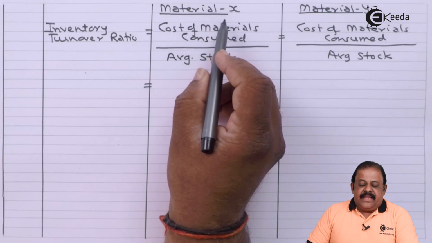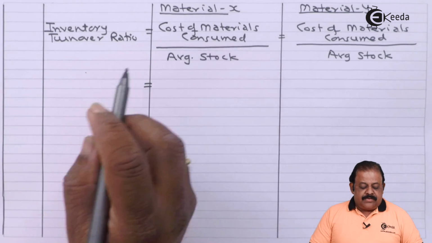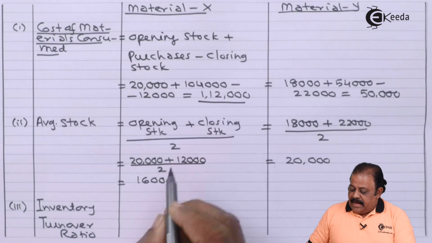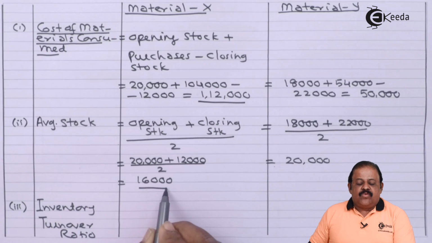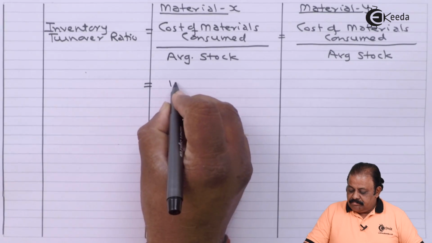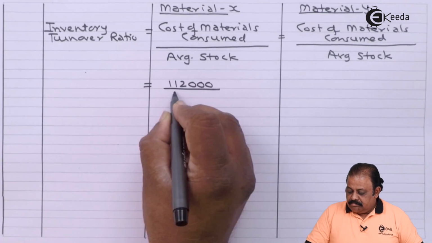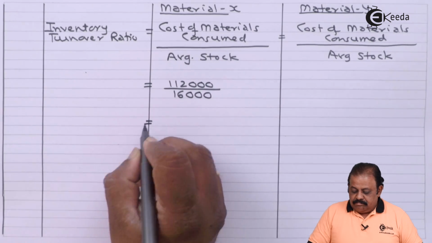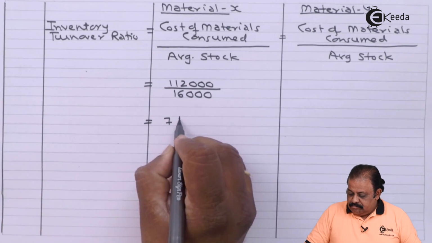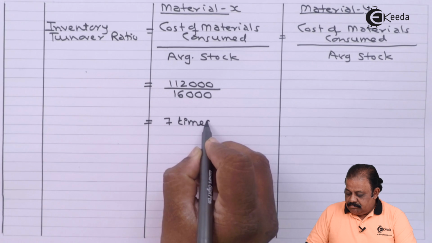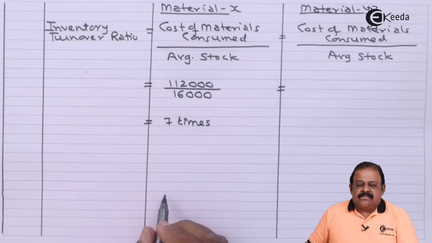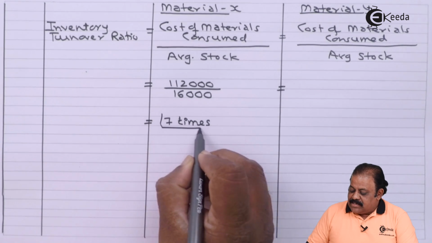In case of material X, cost of material consumed is 1,12,000 and average stock is 16,000. So in case of material X, inventory turnover ratio is 7 times.